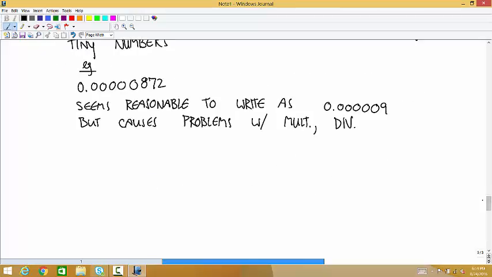So instead, use scientific notation for this and write it as 8.72 times 10 to the 1, 2, 3, 4, 5, 6, minus 6.